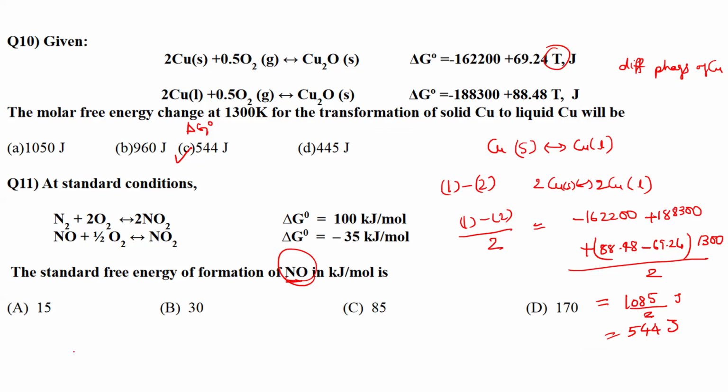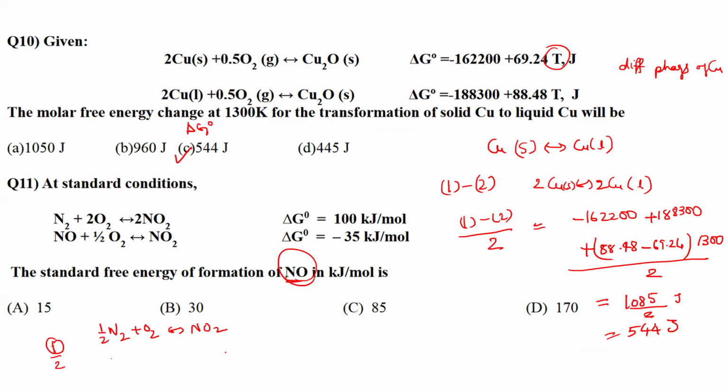We will take half of equation 1, which gives us half N2 plus O2 gives NO2. And reaction 2 is NO plus half O2 gives NO2.